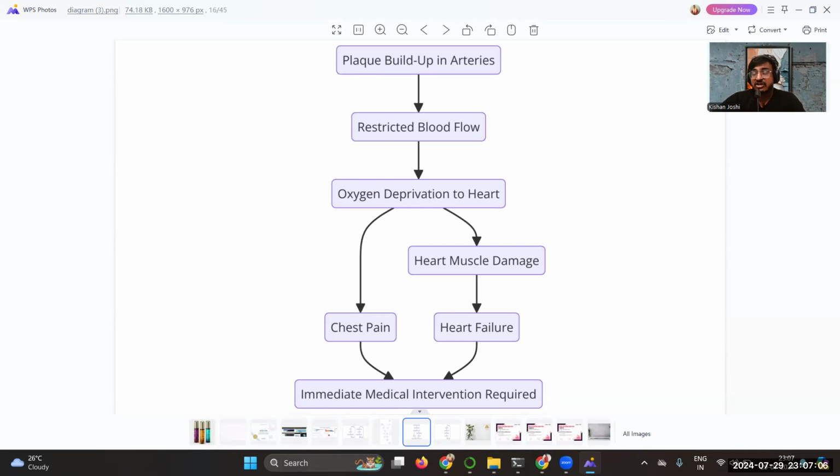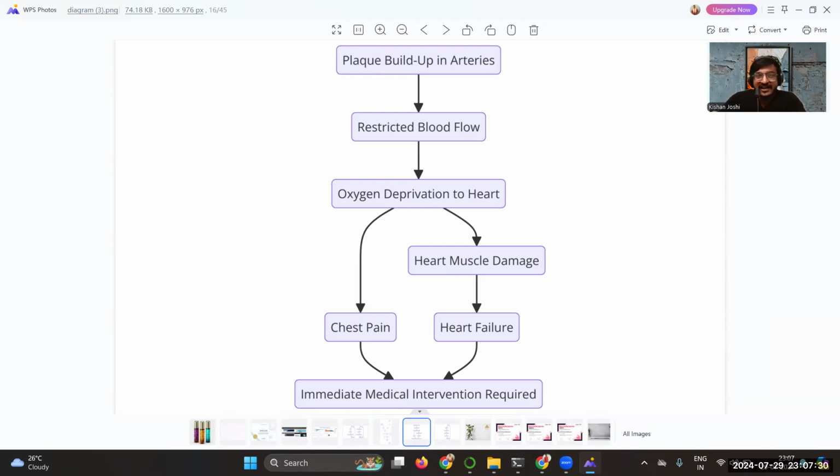Because of oxygen deprivation, heart muscle damage occurs. Heart failure occurs because the heart is not getting enough oxygen, because the heart is also a muscle and also needs oxygen. So heart muscle damage, heart failure, chest pain can be seen, and immediate medical intervention is required.